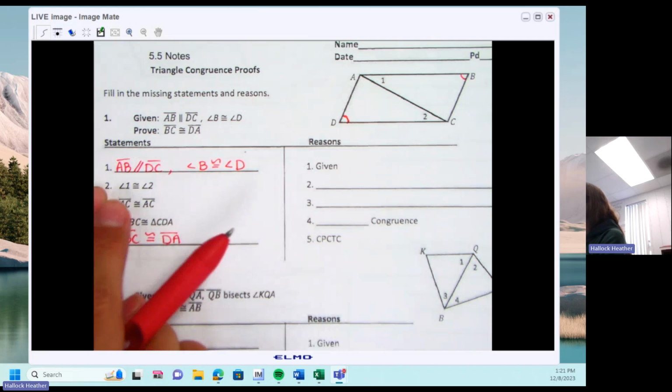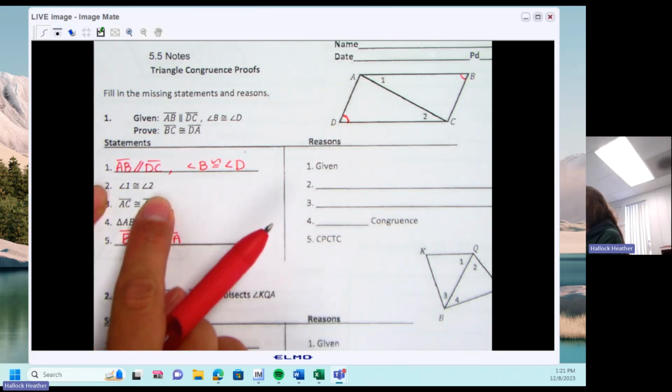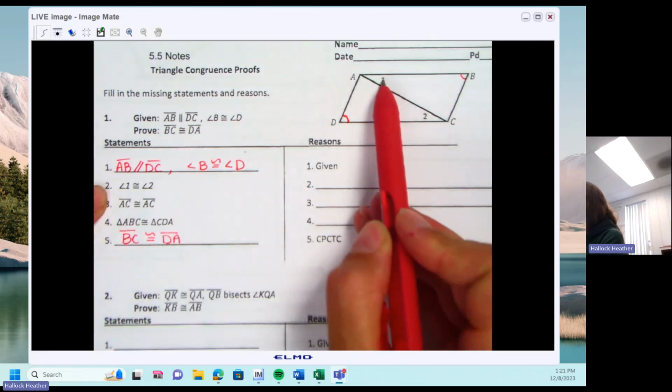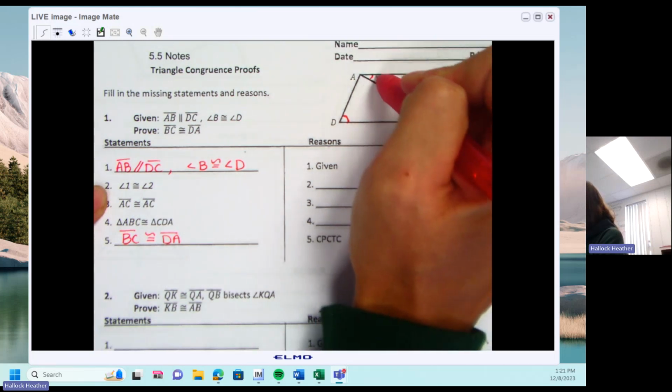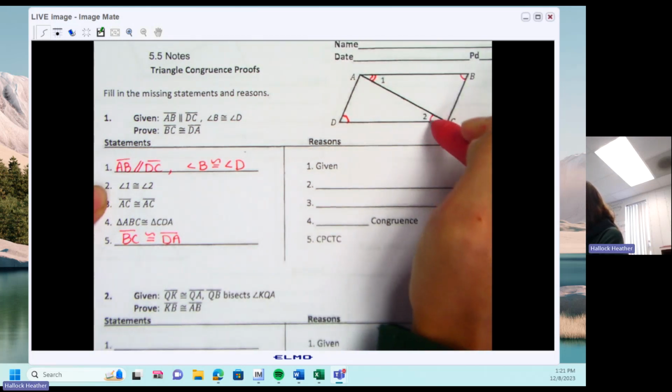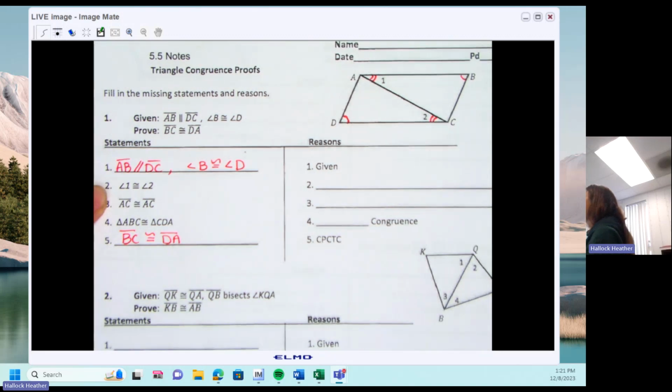Now, if I look, I have angle 1 is congruent to angle 2. How would I know that this angle right here and this angle right here are congruent? Are they corresponding angles? Are they alternate exterior angles? Are they alternate interior angles? Are they vertical angles? Take a second, think about it.